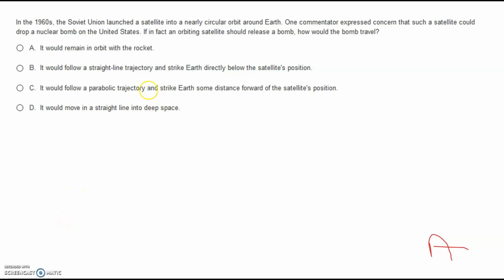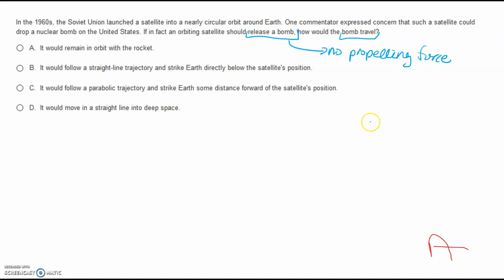Okay. This was interesting. So in the 1960s, the Soviet Union launched a satellite into a nearly circular orbit around the Earth. One commentator expressed a concern that the satellite could drop a nuclear bomb on the United States. If in fact the orbiting satellite could release a bomb, how would the bomb travel? So keep in mind that there is no propelling force.